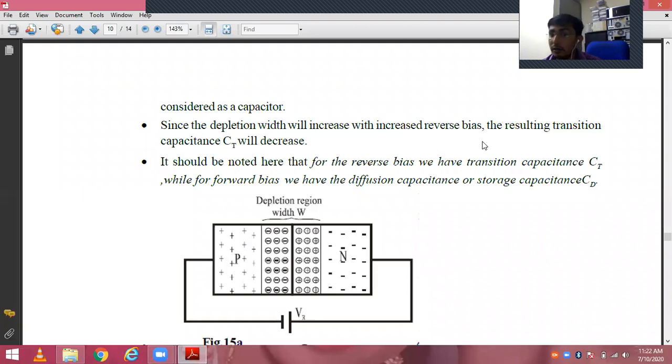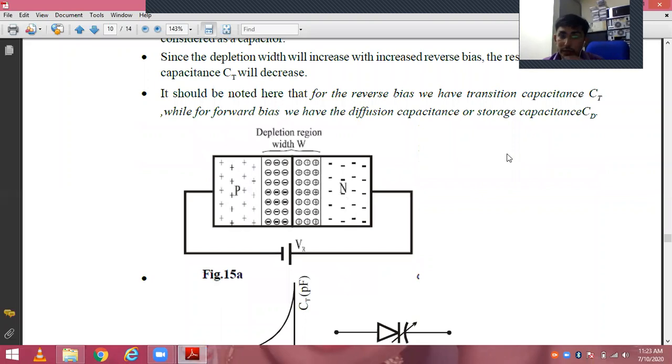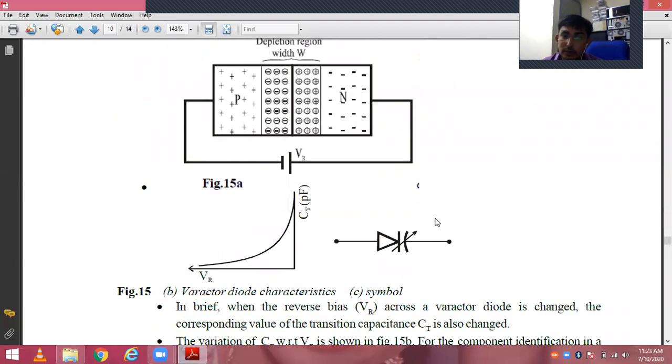It should be noted that for reverse bias we have transition capacitance, and for forward bias we have diffusion capacitance. As shown in the diagram, we see the p-type material, the n-type material, and between them the depletion layer, which acts as an insulator; this is the positive plate and this is the negative plate, so the junction can behave as a capacitor.